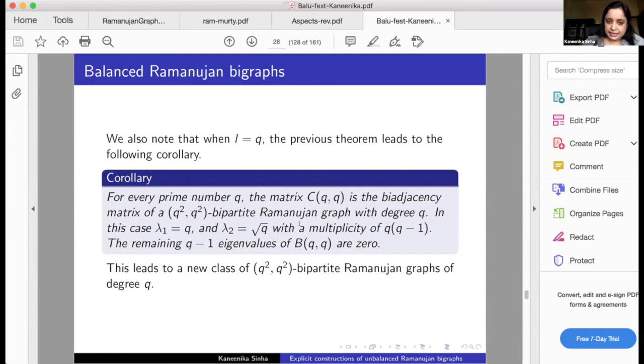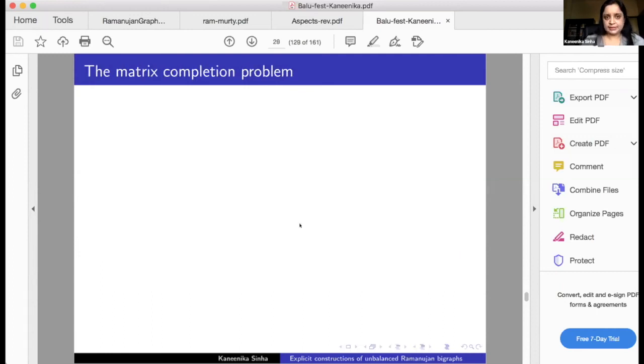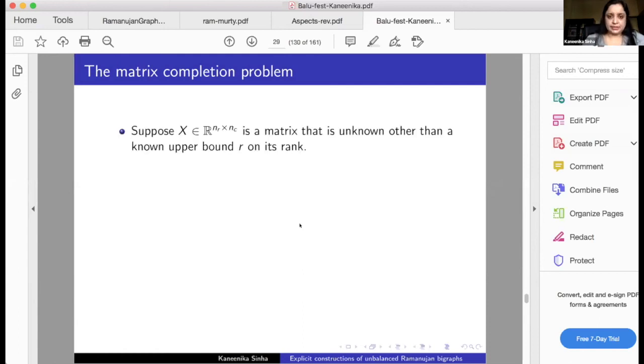This is a good time to understand the motivation behind these explicit constructions. This work was carried out by Bernwal and Vidyasagar. It relates to the matrix completion problem in engineering.